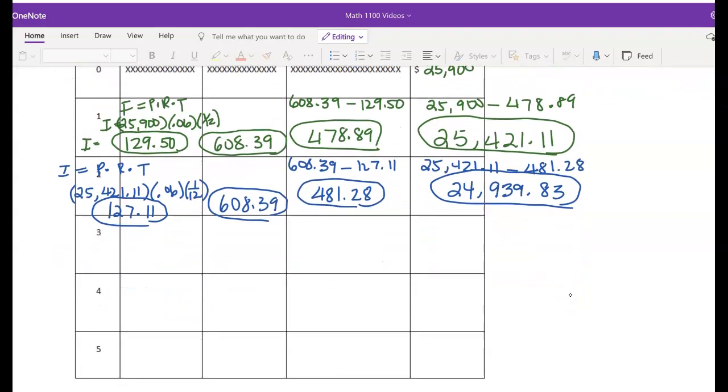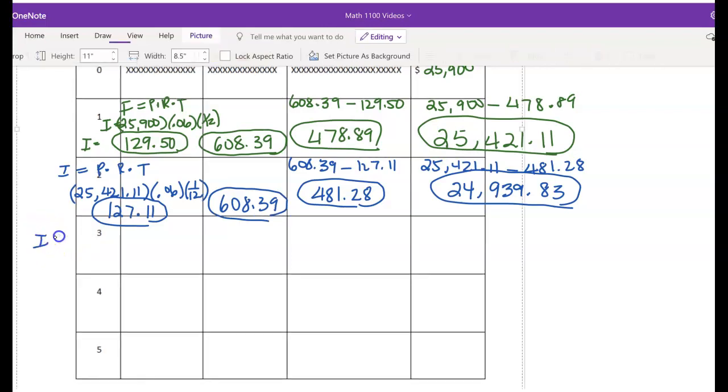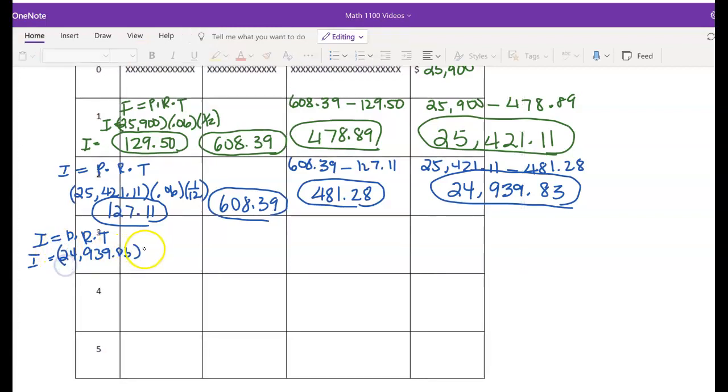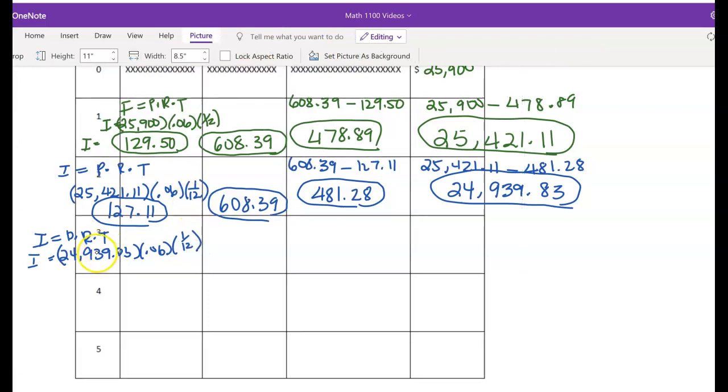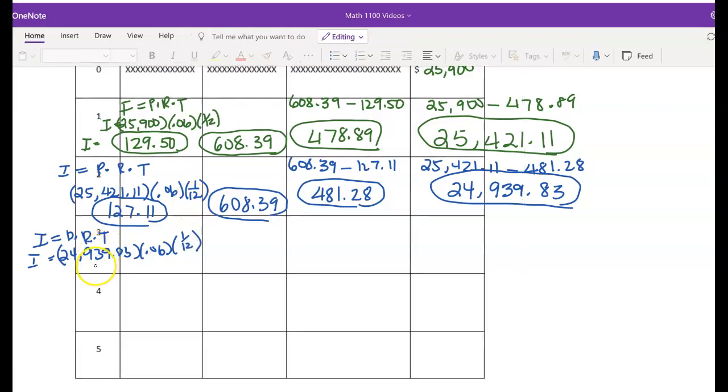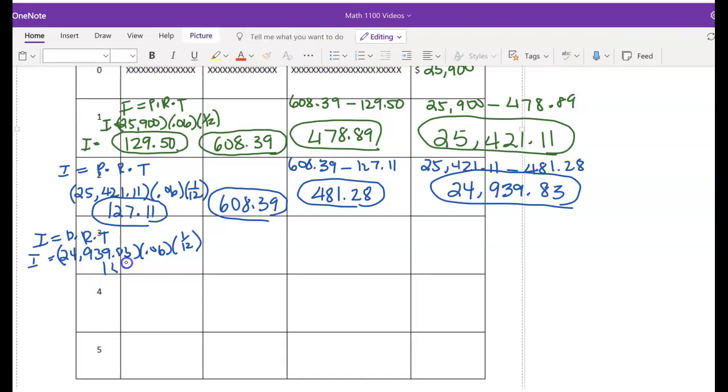Number 3, I equals PRT. We're going to take that new balance of $24,939.83 times our 6% times our 1/12 of a year, and I get an interest of $124.70.